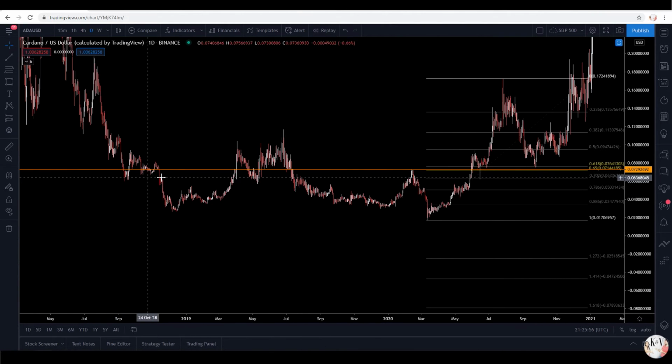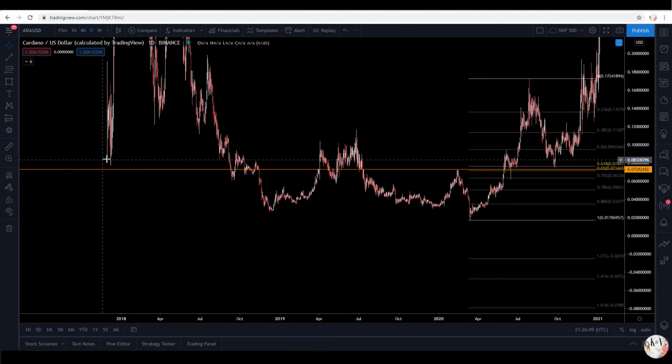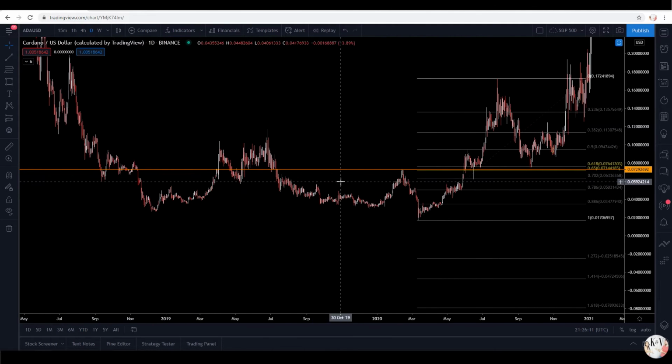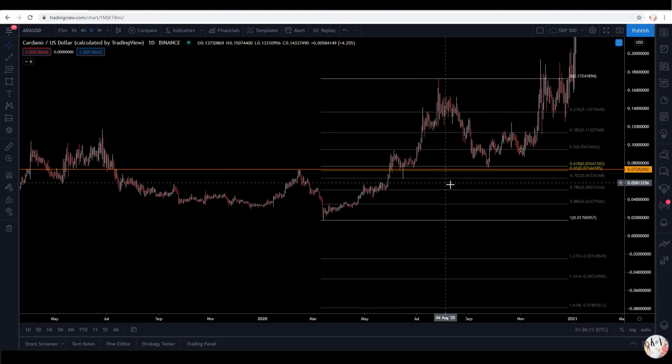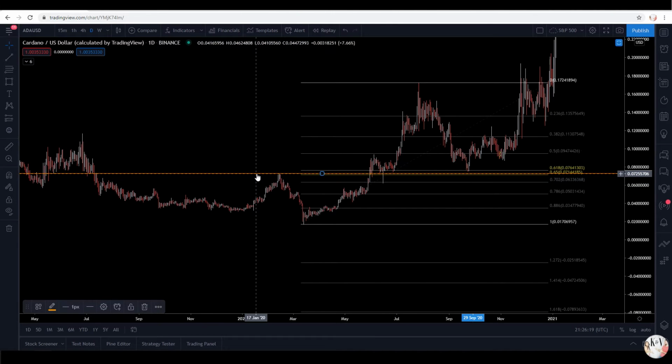This was an area for support and resistance a lot. Here, after we broke it, we found resistance and went down. Here we found strong resistance, and I don't have more history for this one, but overall we can see there was a pretty strong area of confluence. So we'll start looking at this area and see what's going on.